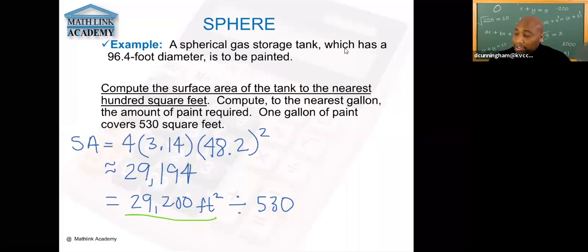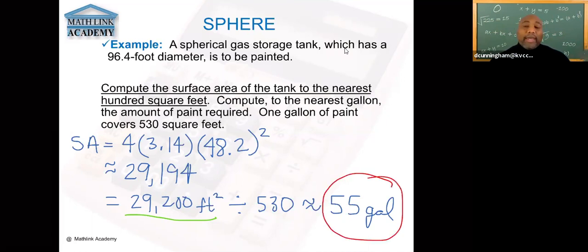Once you do that division, that will give us an approximation of around 55 gallons. So we need 55 gallons of that paint to be able to cover that sphere. And that would be the answer to the second part of our problem. And I will circle that.